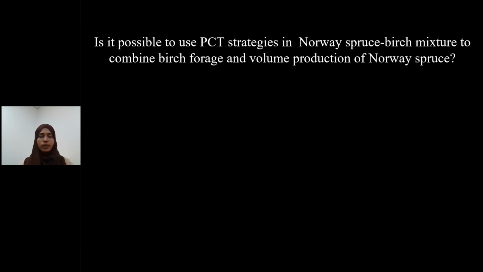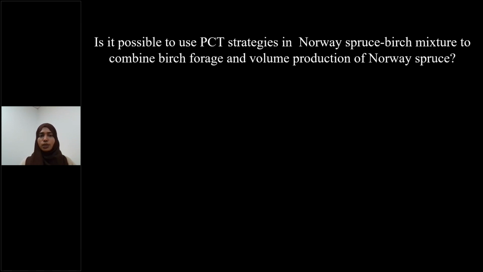Okay, I'm moving to the third research question, where I looked at whether we can use pre-commercial thinning in a Norway spruce-birch mixed stand to combine forage production and volume production of the main crop Norway spruce. In southern Sweden, as I mentioned earlier, Norway spruce is the dominant planted tree.